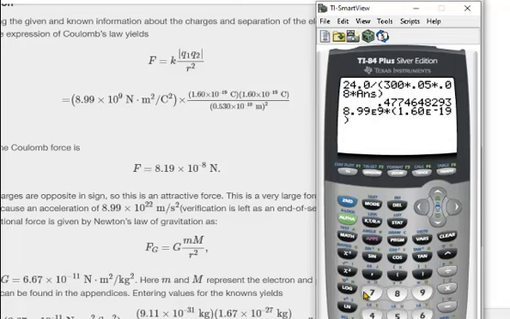Because the proton and the electron have the same charge, I simply square that, and then I divide by, in parentheses, 0.530 times 10 to the negative 10, and that has to be squared as well. Coulomb's law, enter, and there it is. That's what they show us, 8.19 times 10 to the negative 8.